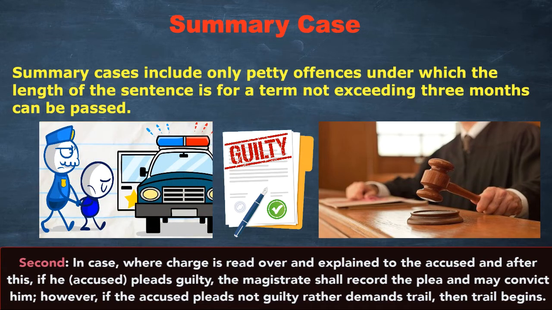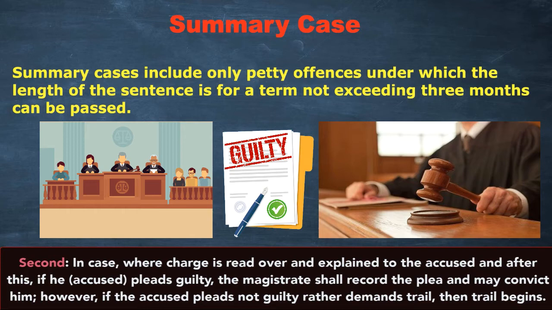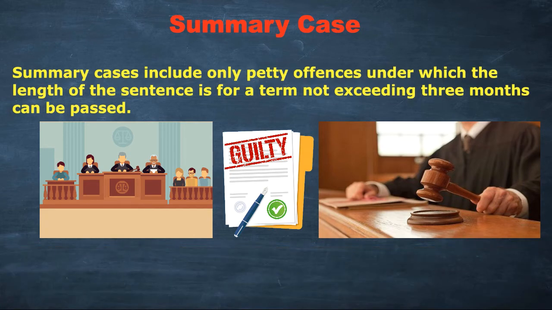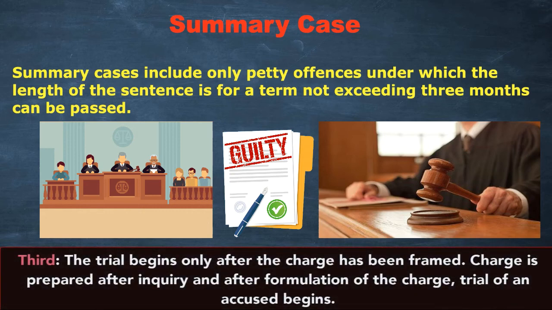But if he doesn't accept the charge, rather demands trial, then the trial will begin. And the third possibility is that the trial begins only after the charge has been framed. So before the framing of charge, the trial cannot be started.